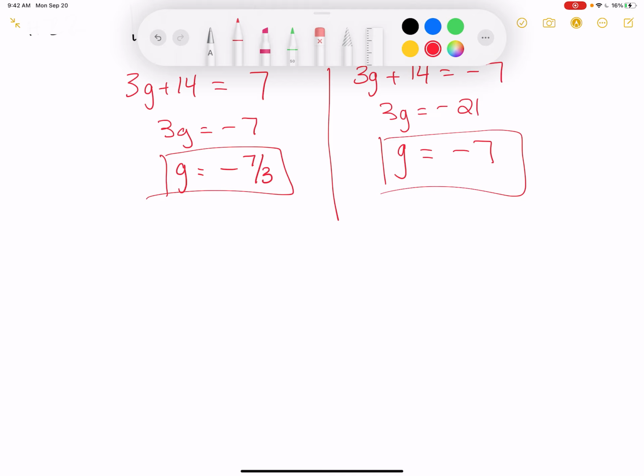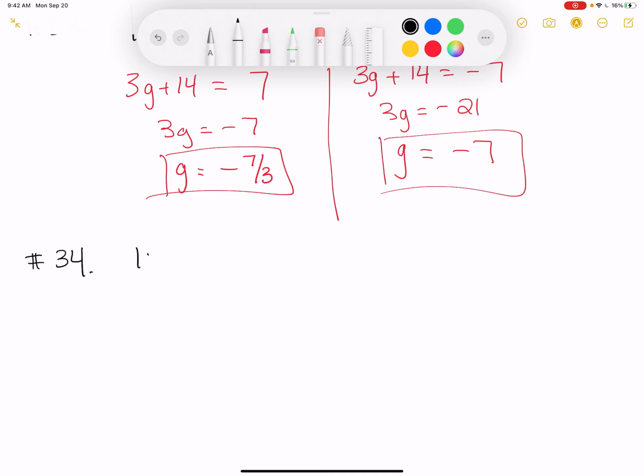You have to check all of them. But this one, it'll just be a little section that says make sure you check for extraneous. Why is math trying to purposely make you do this? You'll see why in just a second.